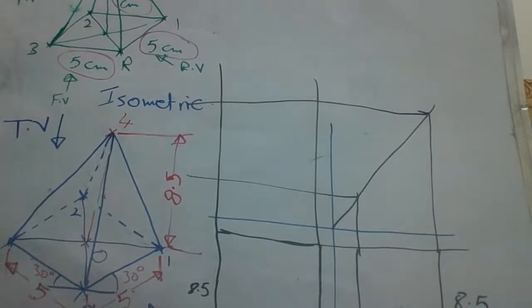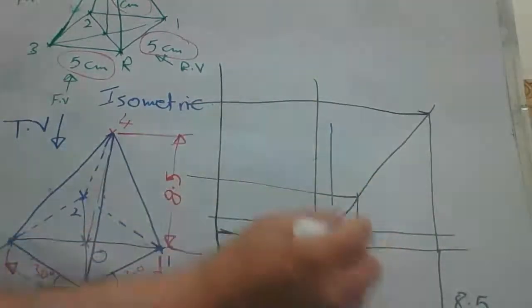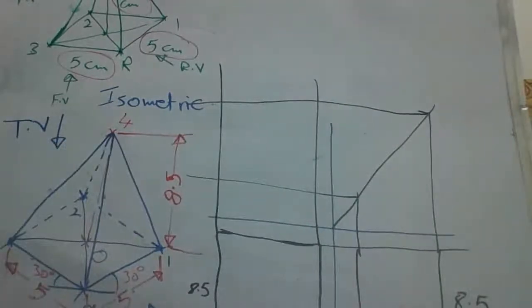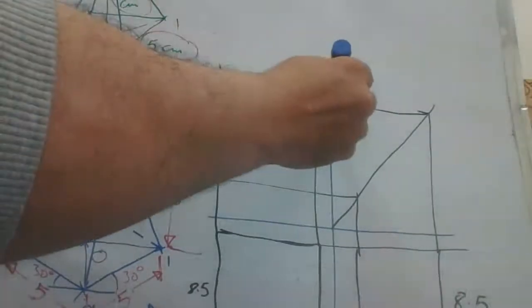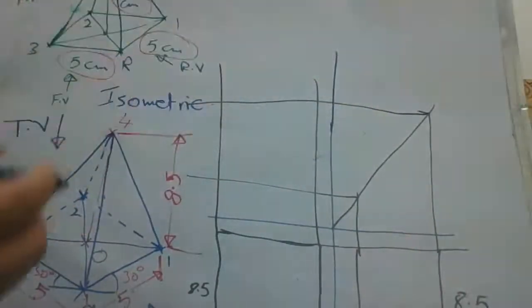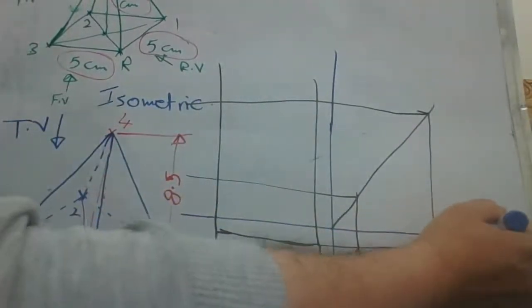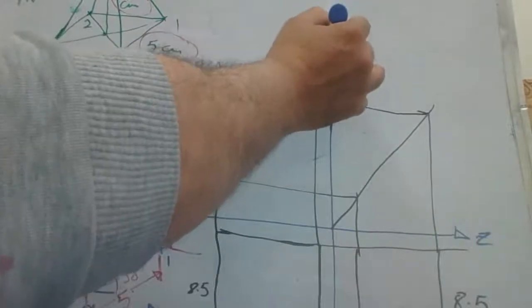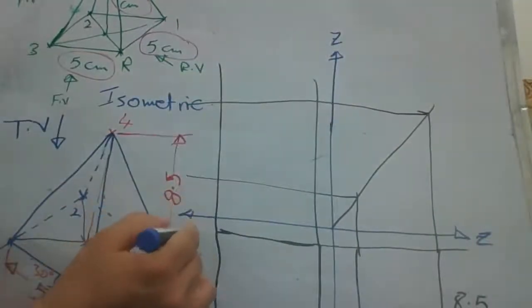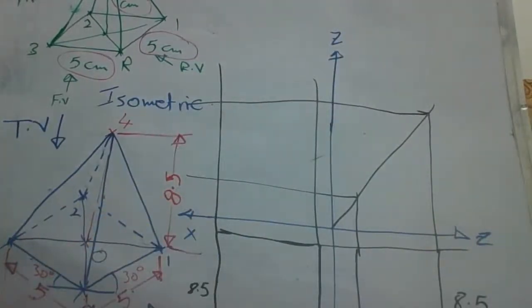Okay, now these are the three projection planes and axes for our pyramid. Here Z, Z, X, Y, and with the angle 50.